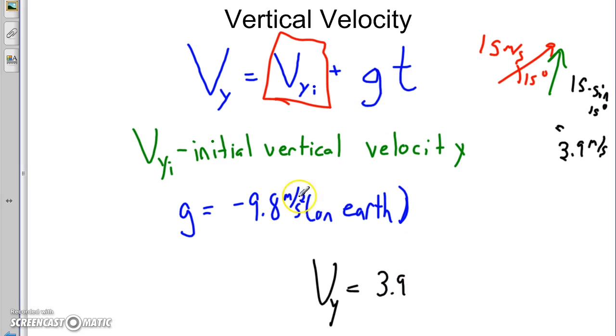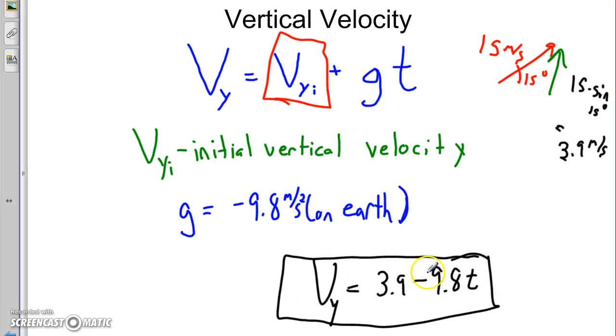Well, g is negative 9.8, so instead of putting plus negative 9.8 t, I'm just going to put minus 9.8 t. And this is the vertical velocity equation for that scenario. In other words, this describes the velocity of that object at any time. You plug in a time, of course in seconds, for t, and you will get a velocity back out.